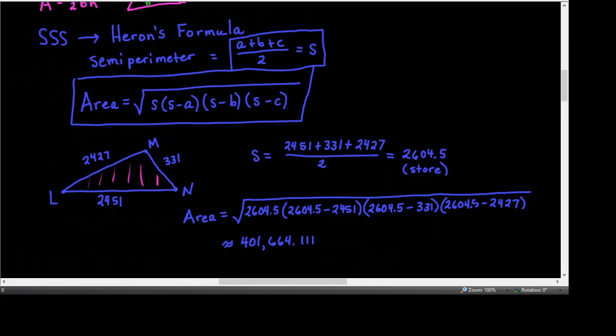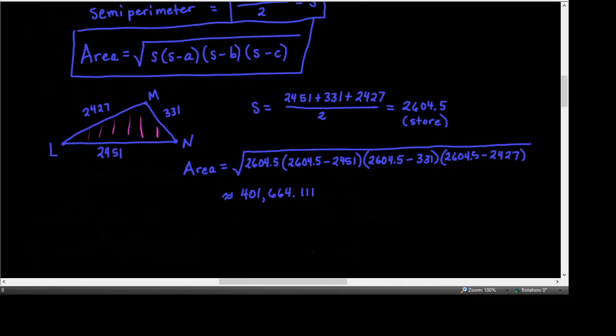Now, does it say that we need to round to a certain thing? No. Because it's a word problem, you might want to answer in a sentence, which is always a good idea with a word problem. And if you do that, the area of the triangle is about, and at that point you could decide that you want to round using different rules from what I've told you to do.